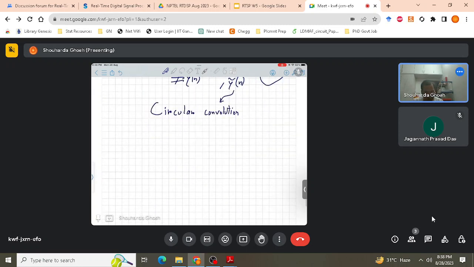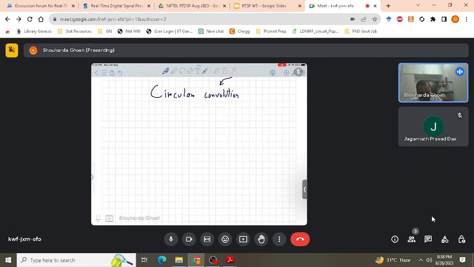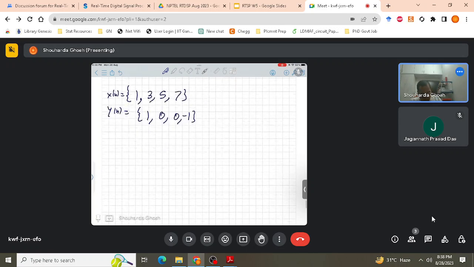Now I'll show what happens actually as an example, and this will also help you in the assignments. Let's say xn is 1, 3, 5, 7, and hn is 1, 0, 0, minus 1. So now let's do the linear convolution by the normal method.